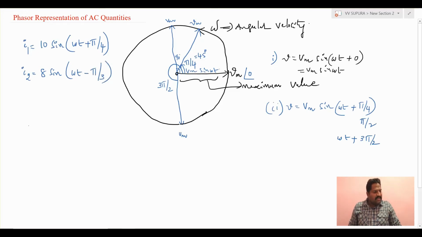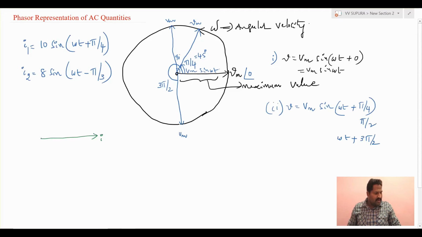So how can we represent this I1 and I2 as a phasor representation? Let's see here. The maximum value is 10, and if I take it as the reference, it is the current value. So I have to represent 10, omega t plus pi by 4.